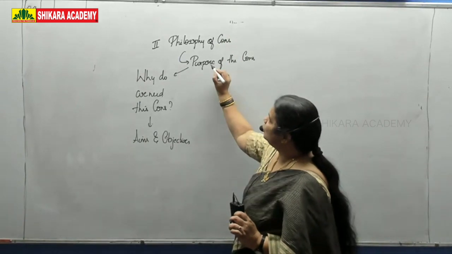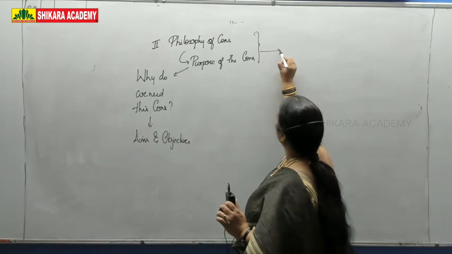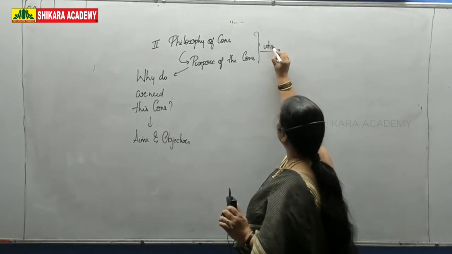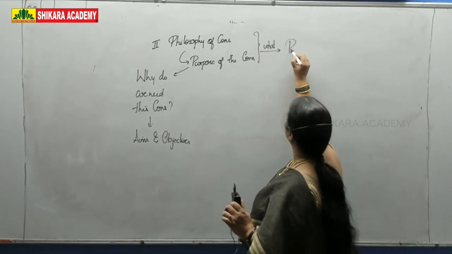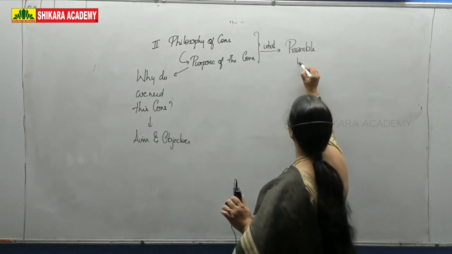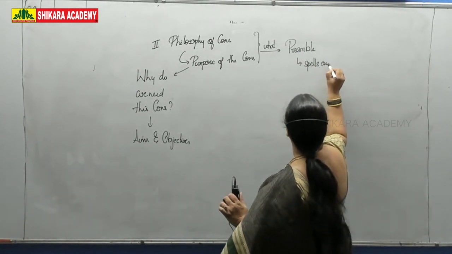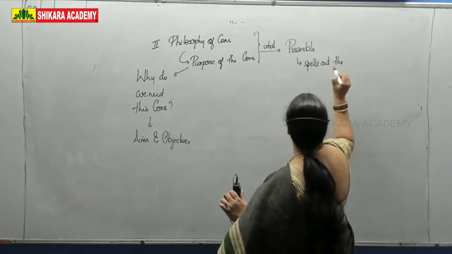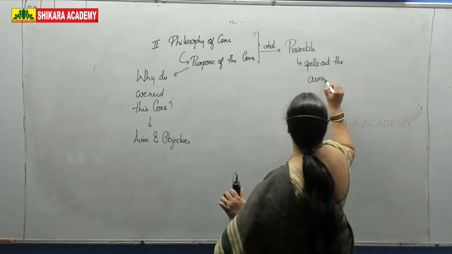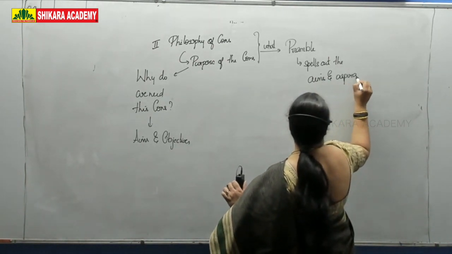Firstly, how do I know what is the purpose of the constitution? What the philosophy is, is given in the preamble. So basically, the preamble spells out the aims and aspirations of the constitution.